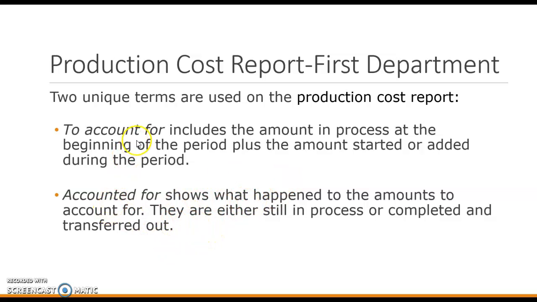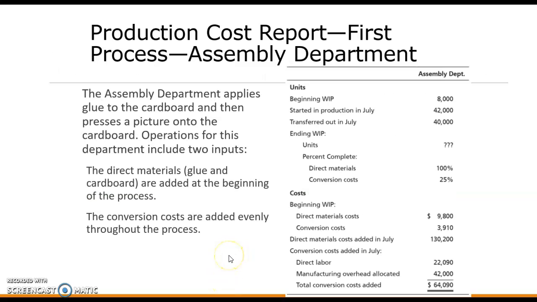Now, that should be equal. So if I have 50,000 units that I need to account for, 40,000 of them were transferred out, and I can show that there's still 10,000 left in the assembly department. So now I've accounted for the 50,000. Each manager is required to do this.